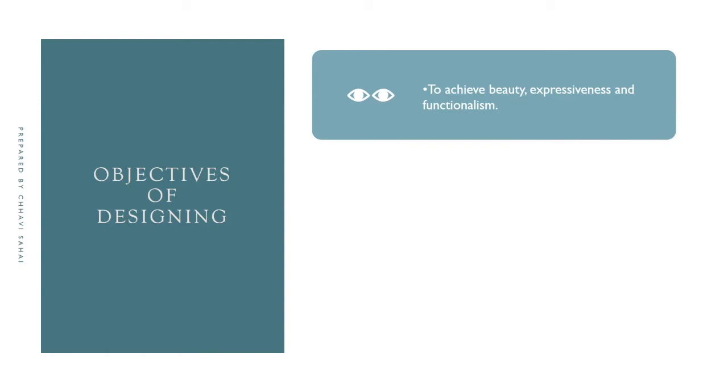So, coming to the first, the beauty aspect of the objectives of designing, it includes various principles of designing like proportion, balance, rhythm, emphasis, etc. Then it also includes some elements: line, form, and space.